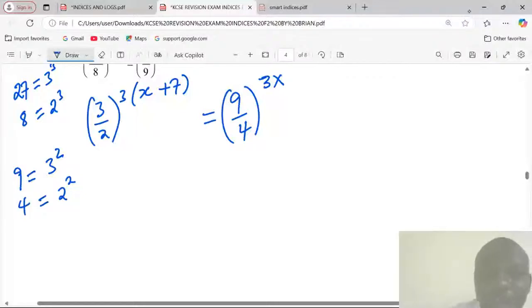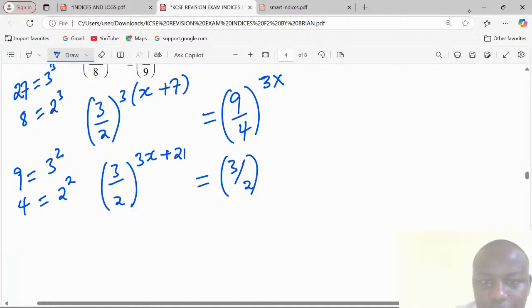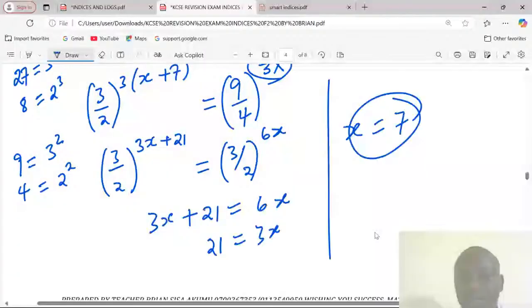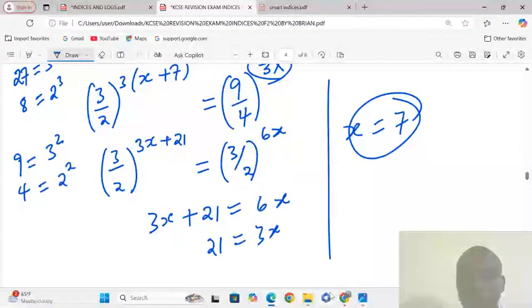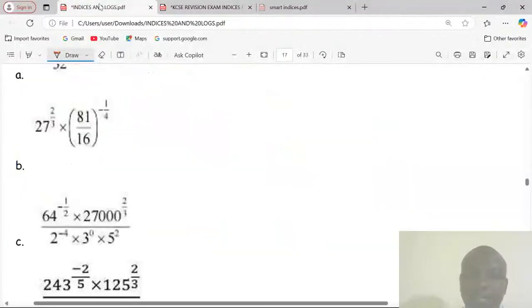Simply express 9 over 4 as 3 over 2, but everything squared. So 3 out of 2 raised to a power of 3x plus 21 equals 3 over 2, everything squared. So we are squaring, and there is already 3x. So that is 6x. So that is how we work out such questions.